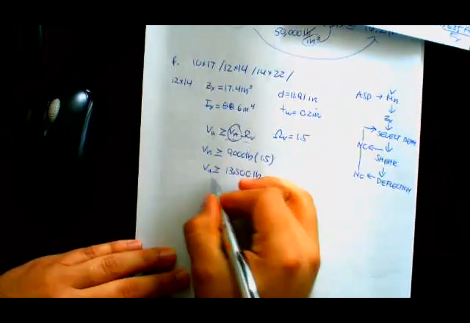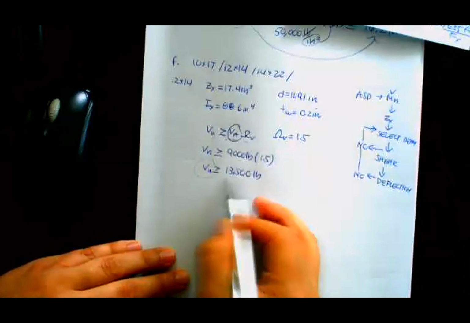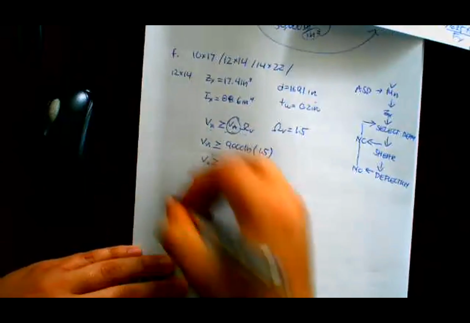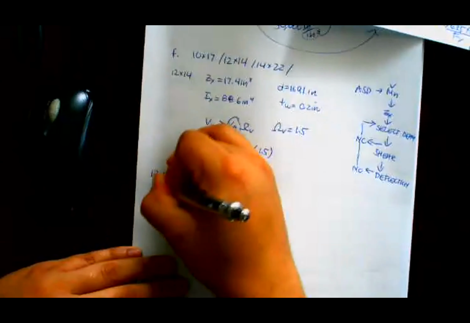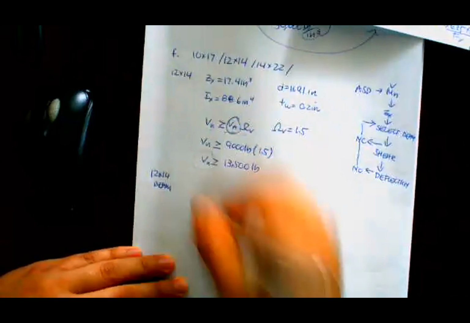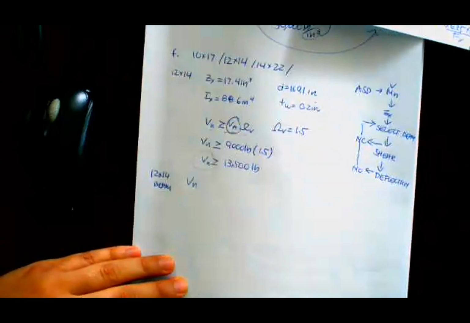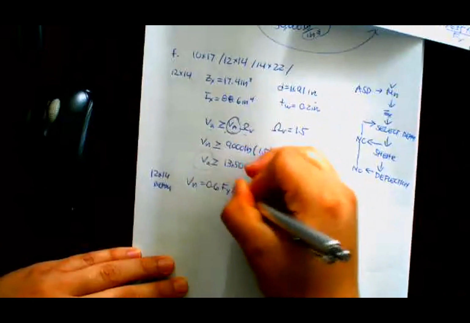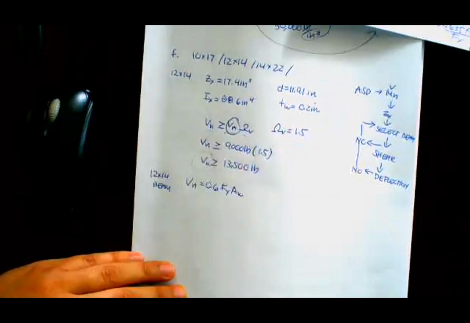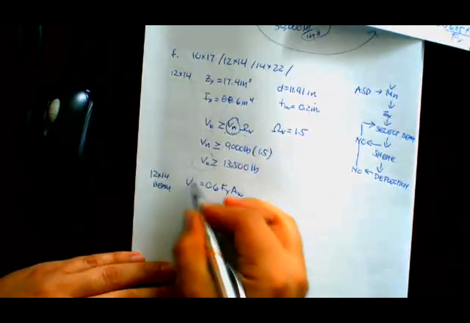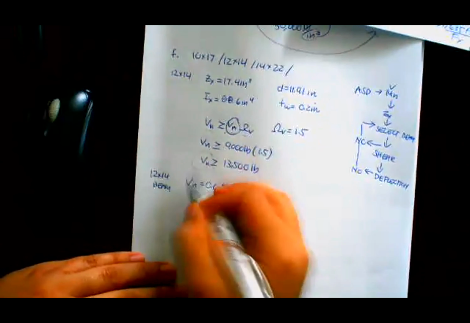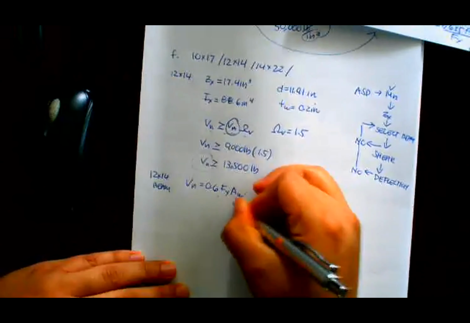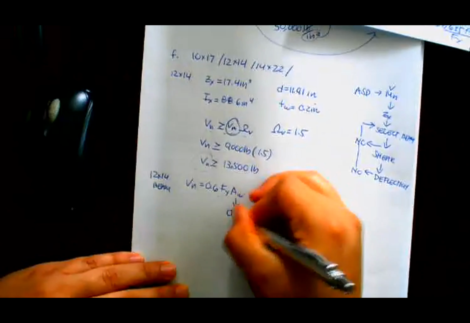Now, it's telling me that the beam better be able to withstand a minimum of this. So now we have to calculate what the beam can actually withstand. So based on the 12 by 14 beam that we selected, we know that the nominal shear that the beam can actually withstand is 0.6 times Fy times AW. This is a formula that's given. This is the max shear that the beam can nominally experience while still being safe. AW is equal to D times TW.